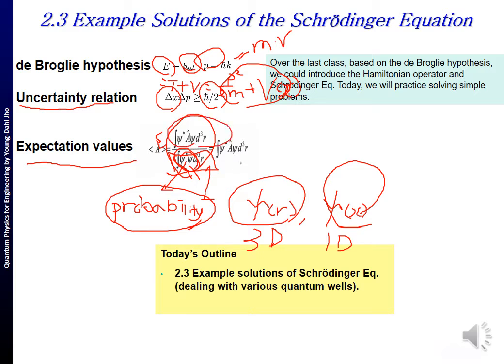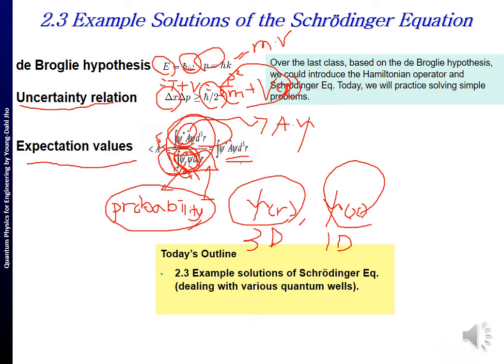And here, in the numerator, we are calculating the average value of A. So A cap is the operator acting on psi, then we multiply by psi star. Considering the conventional definition of normalization, this is just the same with this one. The denominator is set to be 1. This is what we studied previously.